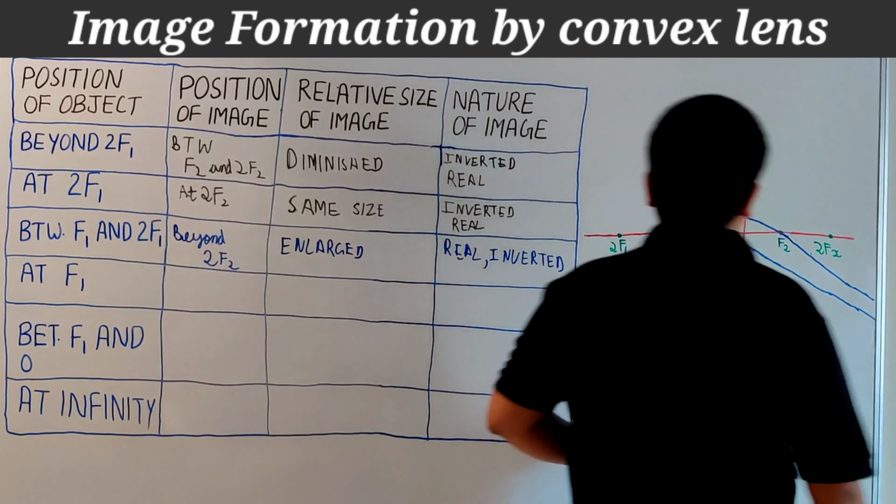They will meet at some point afterwards. So we can say that they will meet at infinity, because they are not completely parallel, but they are also not meeting on a paper or on a board. That's why we can say that they will meet after a very long time at the point infinity. So the position of image will be infinity. Also, as it is meeting at infinity, the image will be very large in size. It will be highly enlarged.